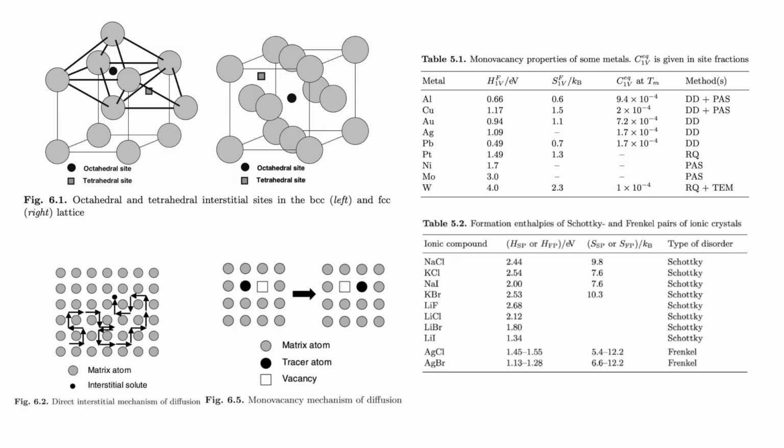But as we mentioned previously, for diffusion, we generally have vacancy diffusion shown over here. We have interstitial diffusion, which is shown over here, and we have interstitial C diffusion.